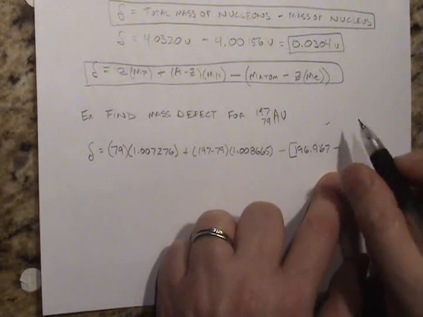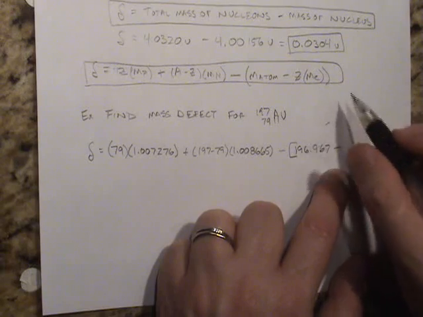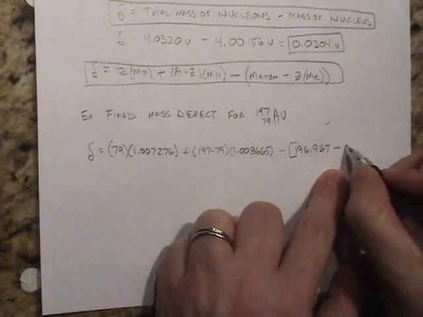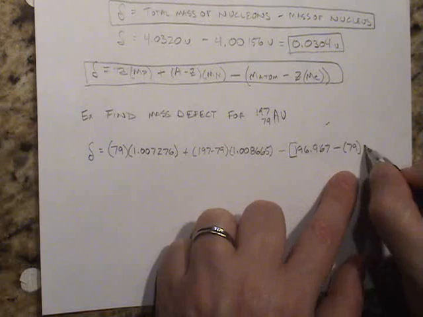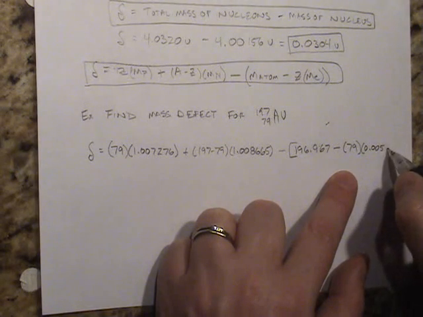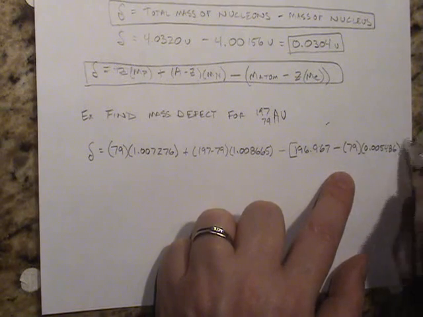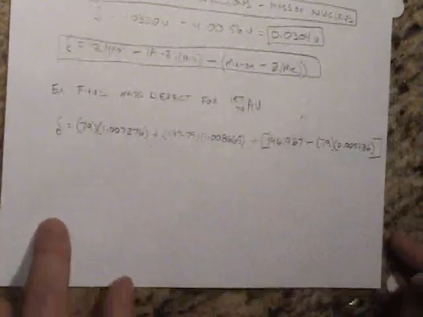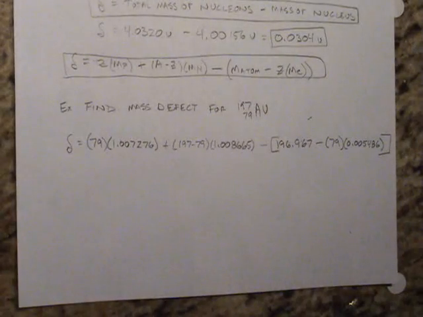I'll subtract from that the mass of the electrons, so that's going to be 79, the Z number, times the mass of the electrons, 0.5486. We'll put the whole thing in brackets.